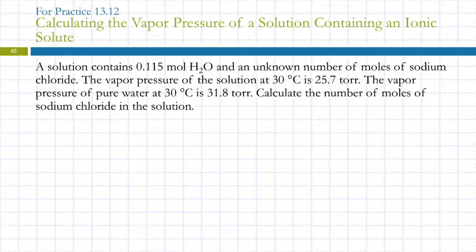So this is a problem that's backwards from what we were doing before. Before they'd say, okay, here are the moles or masses or something, calculate the vapor pressure. Here they're saying, here's the vapor pressure, how much stuff is in here? We're not given a Van't Hoff factor, but we do have to account for the fact that sodium chloride separates into ions. So we have to watch out for that.